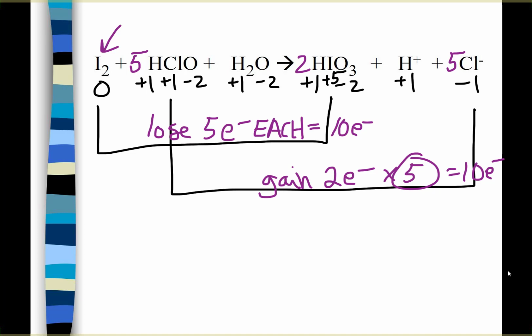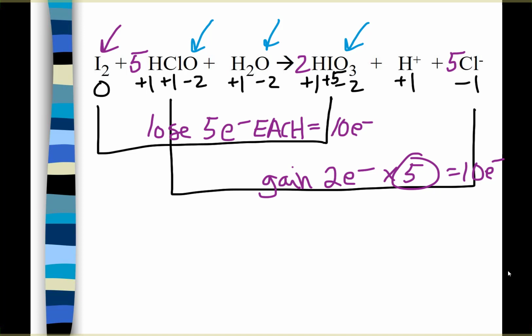So your next step is just to balance anything else, any other one that's not participating in the oxidation reduction. So let's start off with our oxygens, because it looks like I only have oxygen once here. So I have 6 oxygens on this side, and this side I have 5 and a 1. Oh, so I'm good. I have 6 oxygen on that side, so I don't have to do anything there.